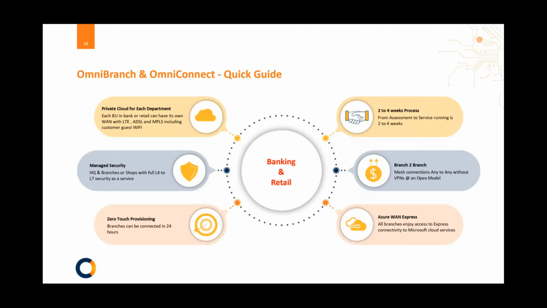On top of that, you have services like zero touch provisioning and application centric routing. You have so many features in those products, and our sales advisor will definitely talk about those when you have some requirement, or when you approach them.